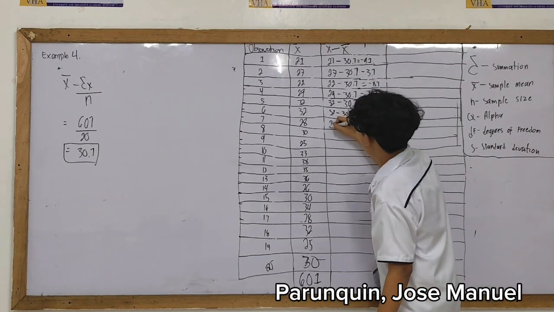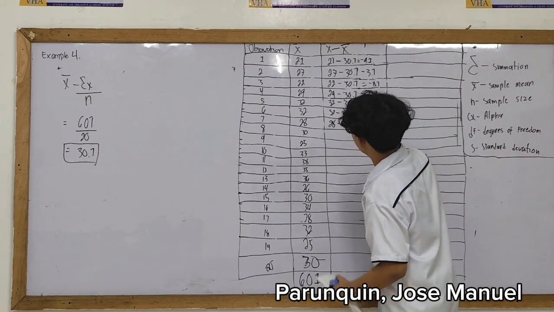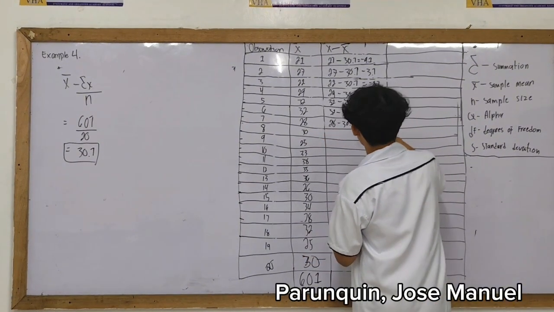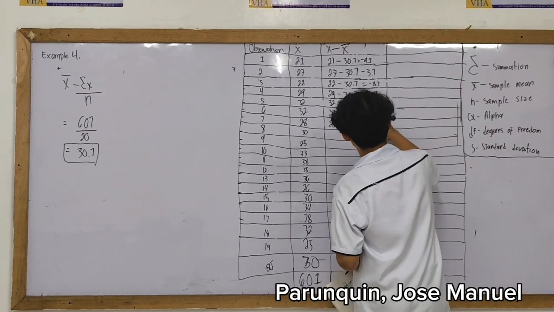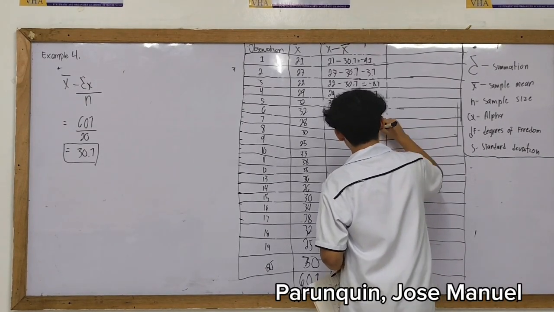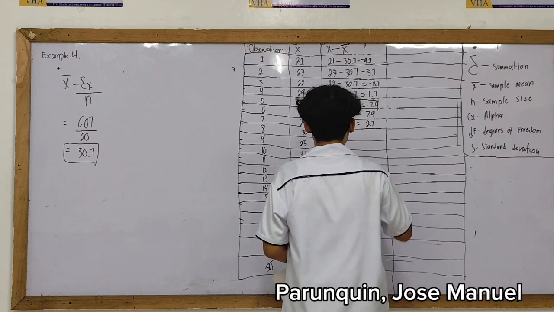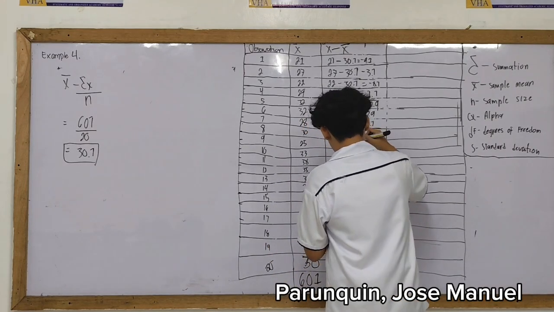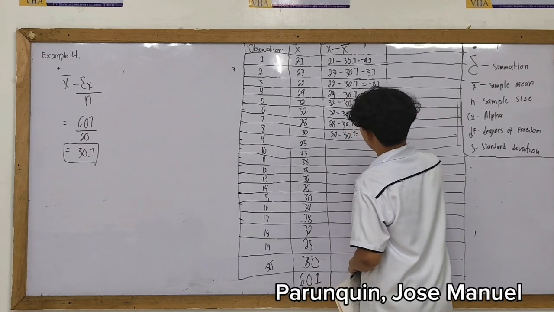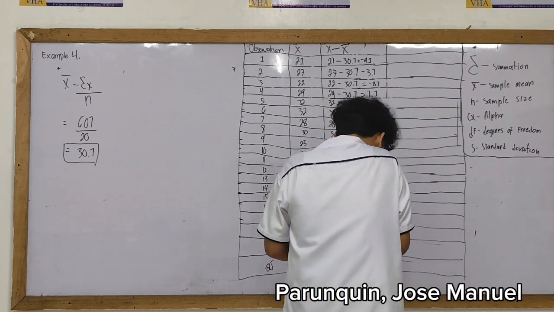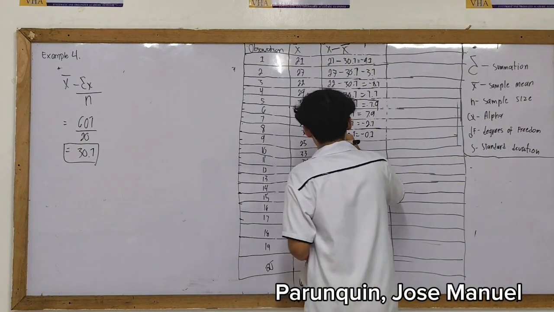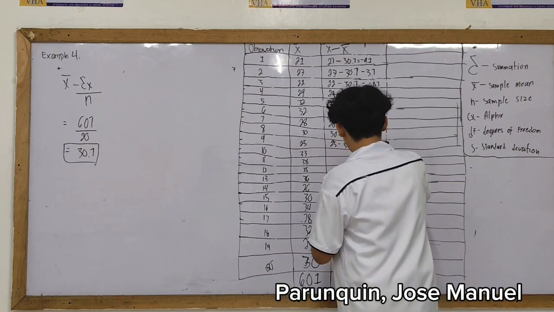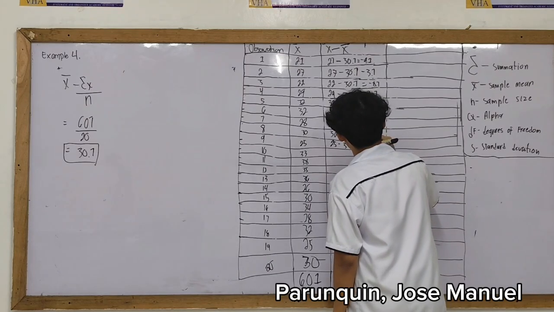So the next is 28 minus 30.1. It will become negative 5.1.